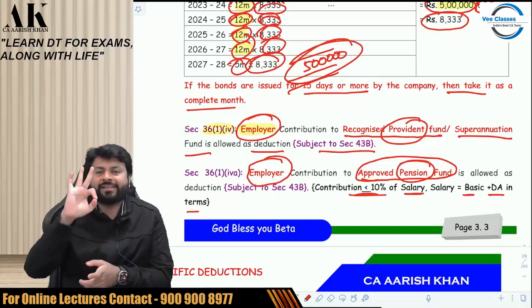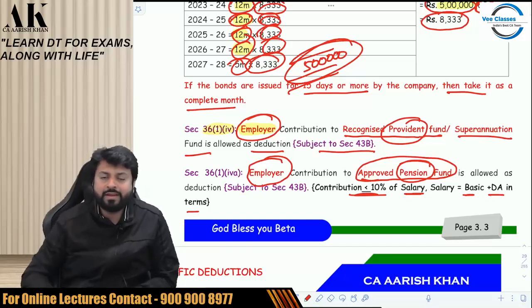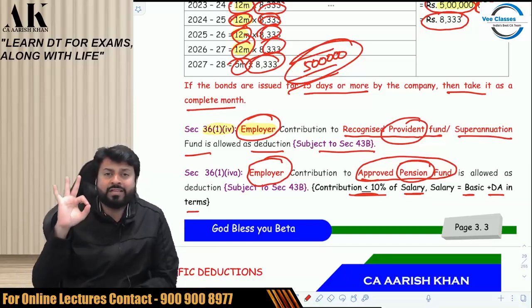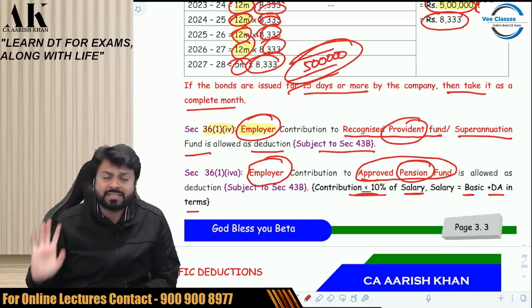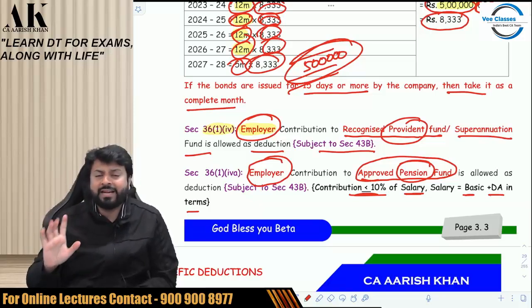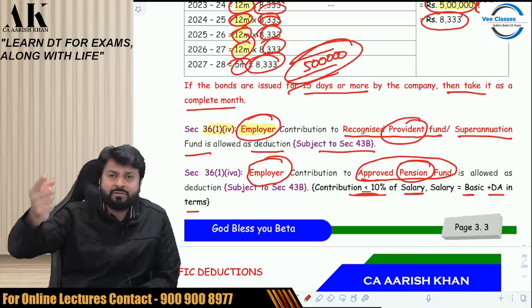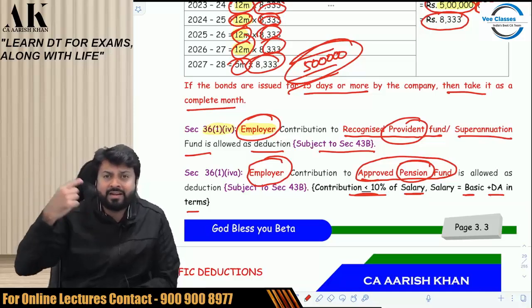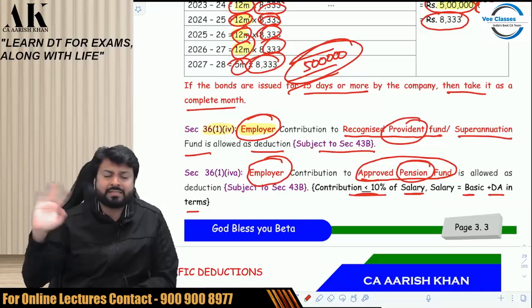If I am making a contribution of 4 lakh, 5 lakh, or 6 lakh, I will get a deduction of only 3 lakh rupees, not 4, 5 or 6 lakh.